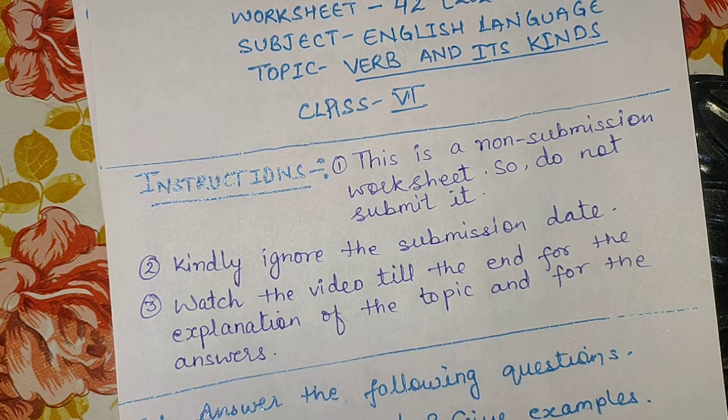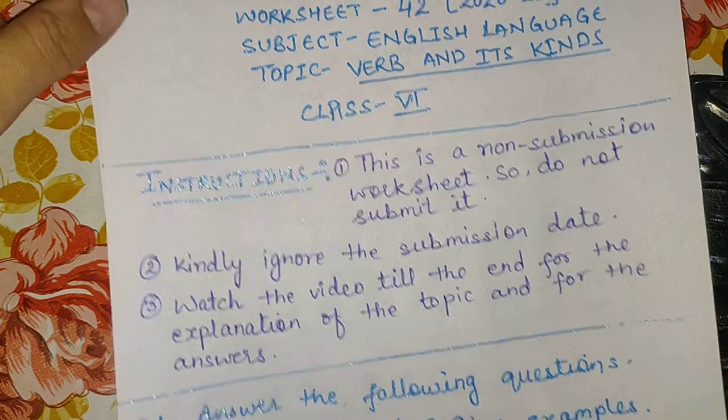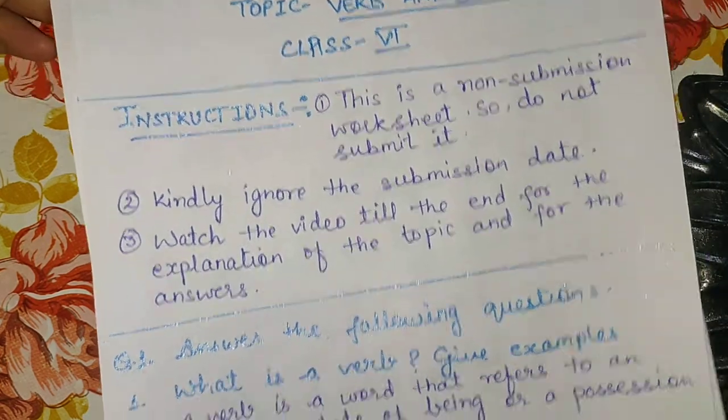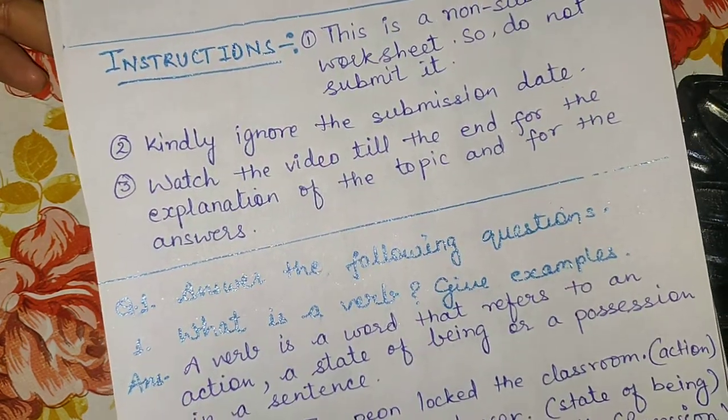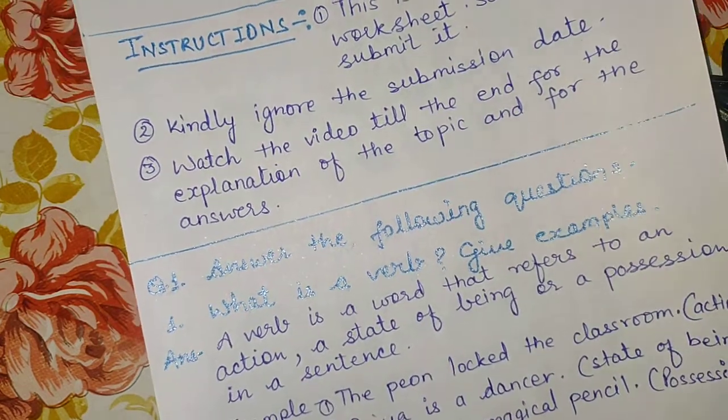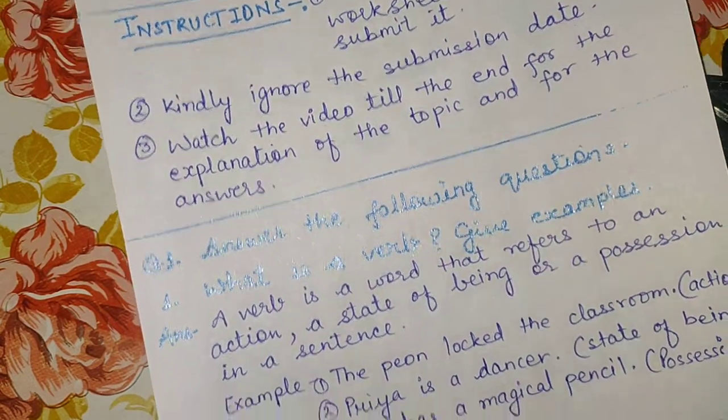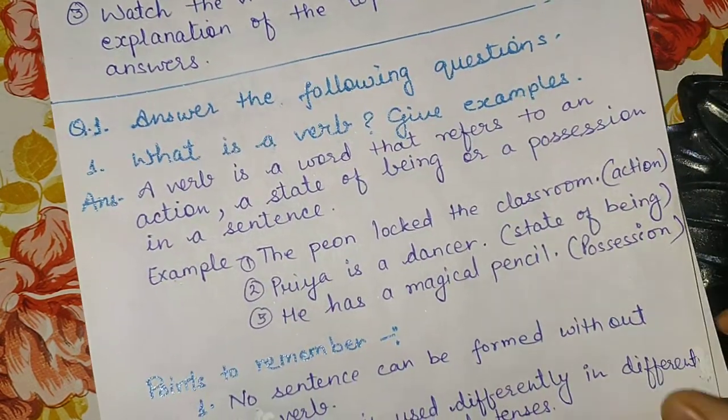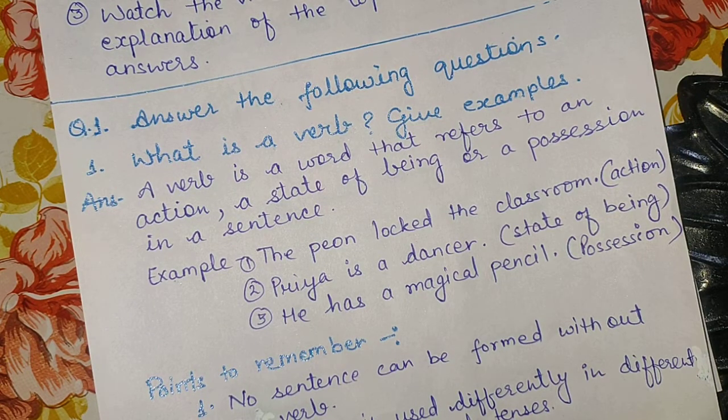So that's why I took the help of that book. But the work you will do is from this worksheet which is given to you. Now this is your non-submission worksheet. You will ignore the submission date. Okay, and you will do this work in very neat and clean handwriting in your language notebooks.